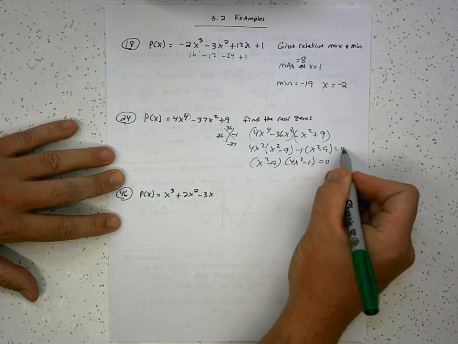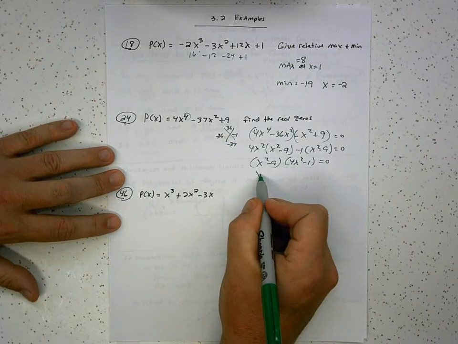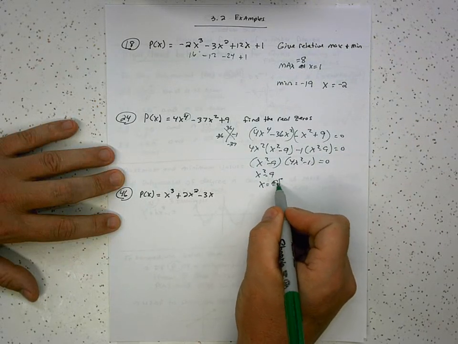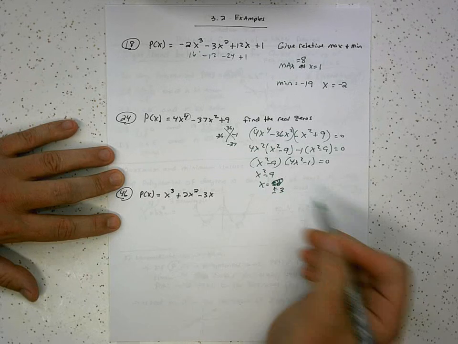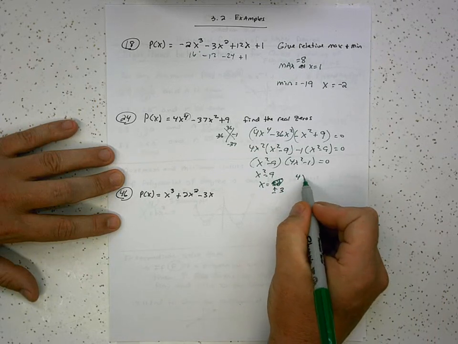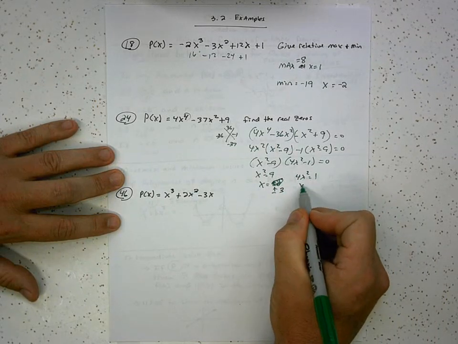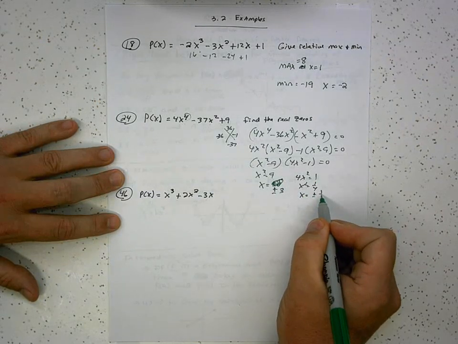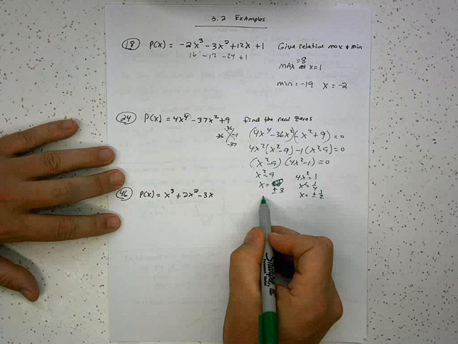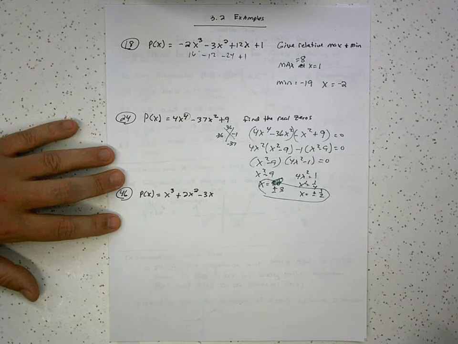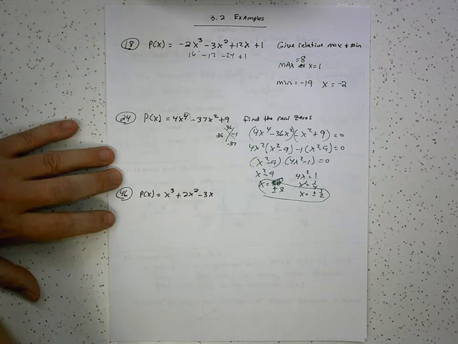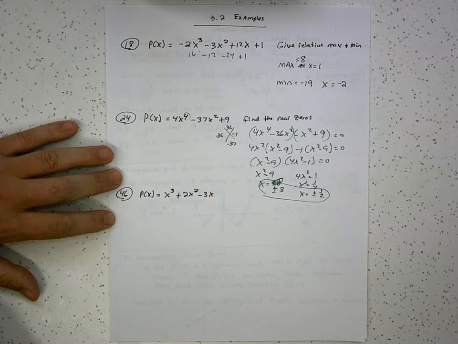Now set each of those equal to 0. Plus or minus 3. 4x squared equals 1, so x squared is 1/4. So x equals plus or minus 1/2. We have the 4 real zeros from there. Okay, and that's all they really wanted us to do there, just be able to find the real zeros.